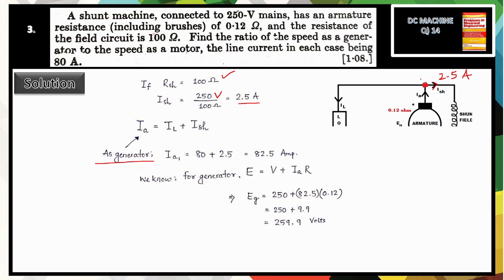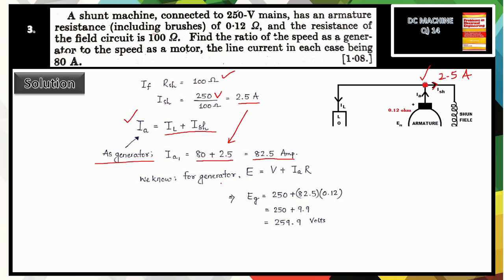So if you apply KCL at this node point, IA is the sum of IL and ISH. So IA will be 80 plus 2.5, so IA will be 82.5 ampere.